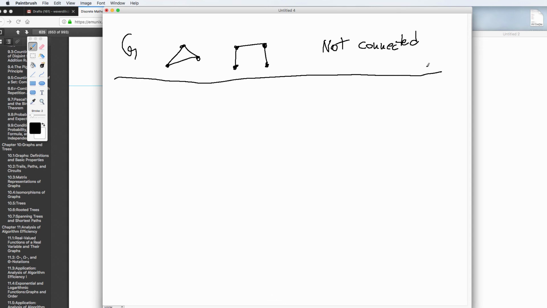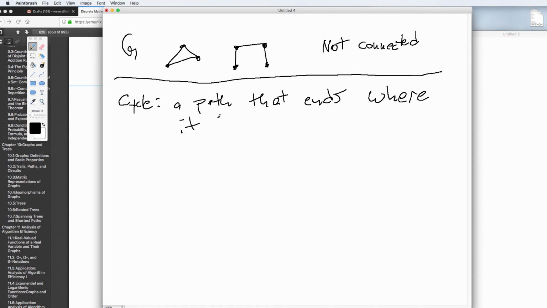Another definition here, a cycle. A cycle is a path that ends where it begins. Again, I'm going to say this is informal.